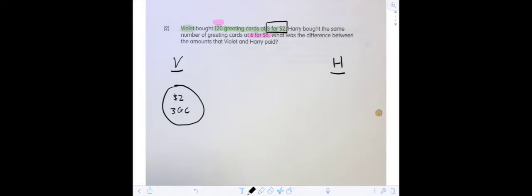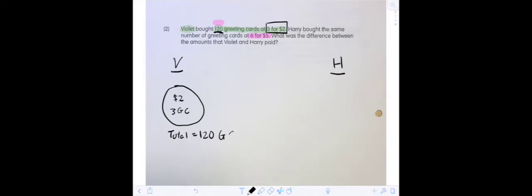Now you see there's 120 over here that I have not dealt with. This 120 actually refers to the total number of greeting cards. So if there are 120 greeting cards, how many of these circle pizza things, or rather these sets, do I have?